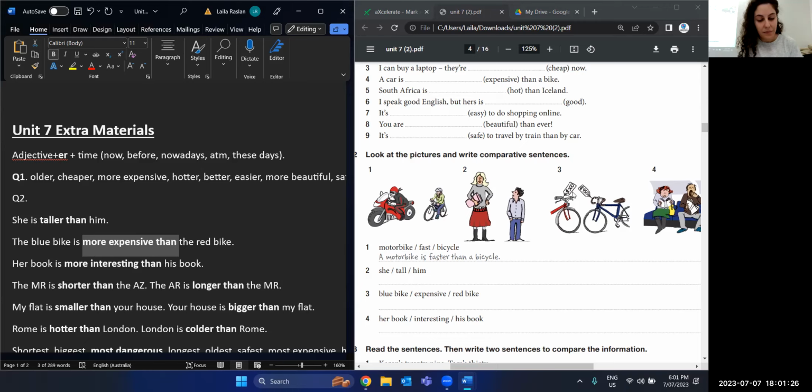Yeah, then the red one. Then I would say the blue one is more expensive than the red one. So I would put one and one because you're going to replace the noun bike with one, so do it for both. The blue one is more expensive than the red one.